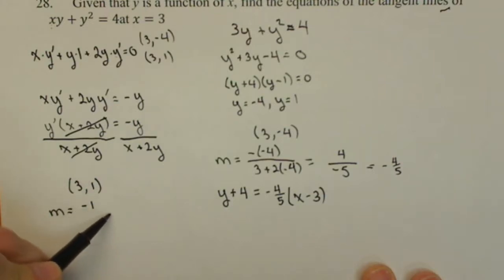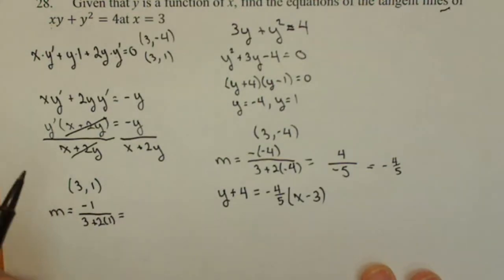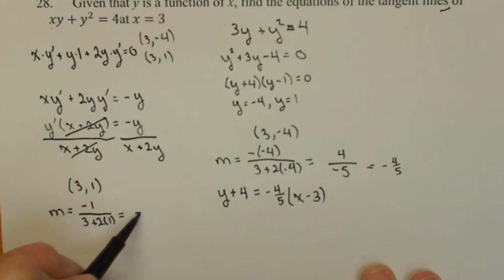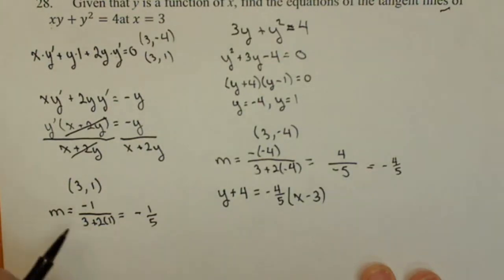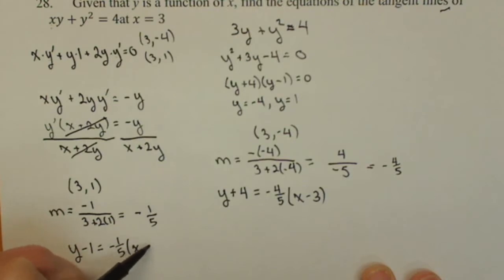So I have -1 in the numerator over 3 plus 2 times 1 equals -1/5. And so now we're going to have the tangent line y minus 1 equals -1/5 times x minus 3.